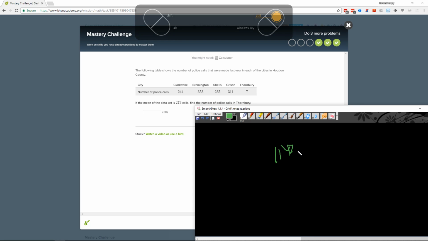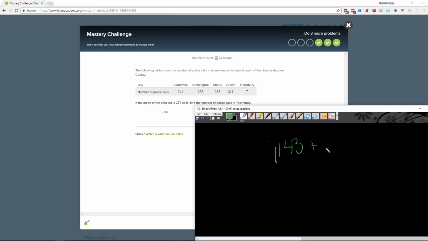Of course, I didn't use a pen, so mouse drawing is crap. 1143, even worse than my hand drawing, plus x, divided by 5 equals 273.